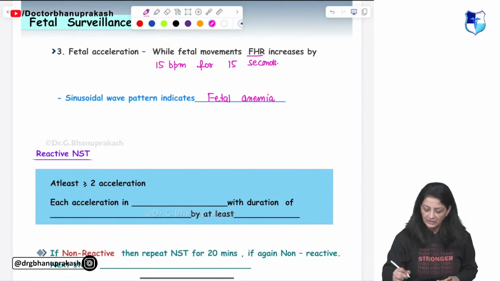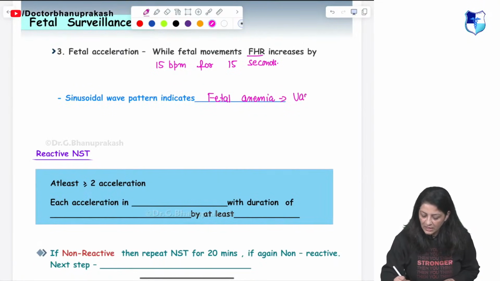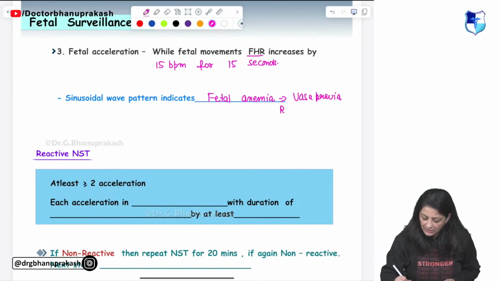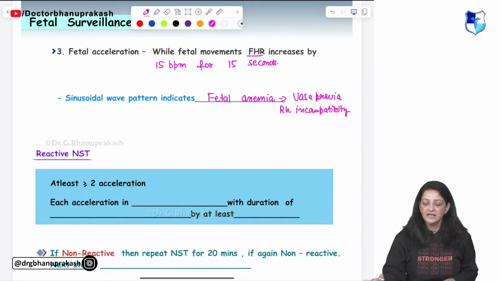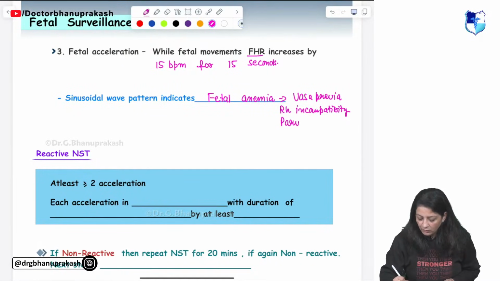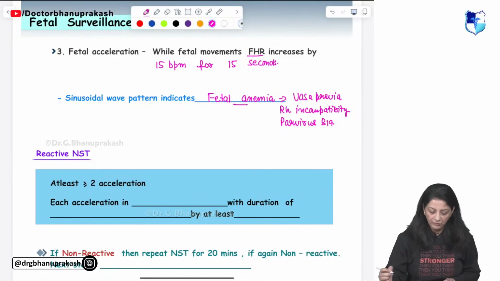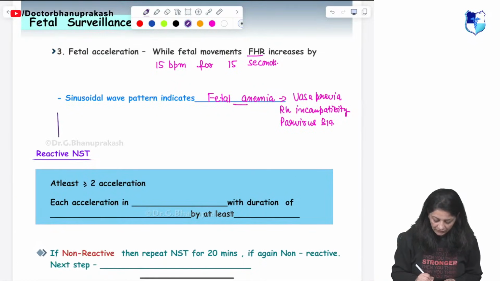Fetal anemia in case of vasa previa, in case of Rh incompatibility, in case of parvovirus B19. So sinusoidal wave pattern means heart rate like this.